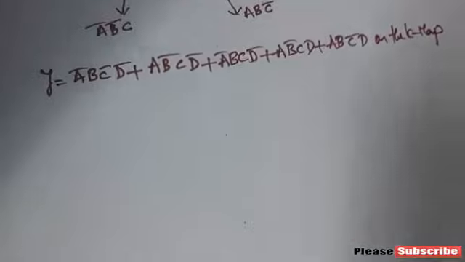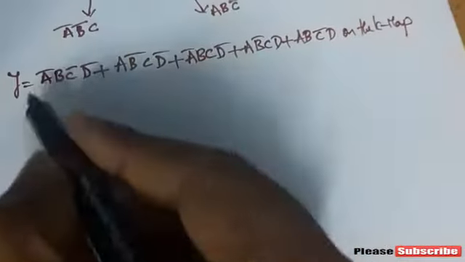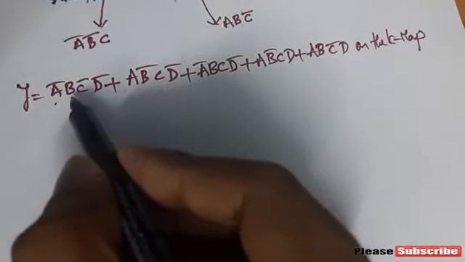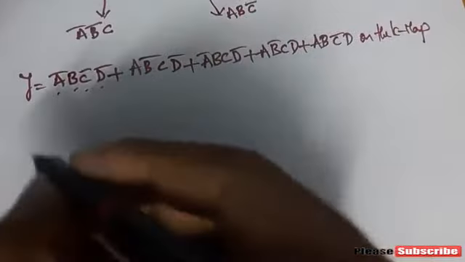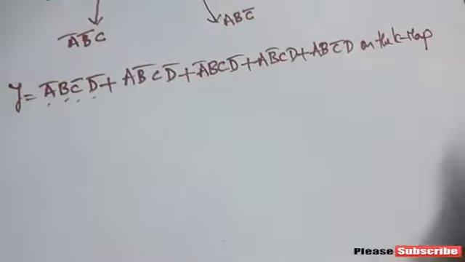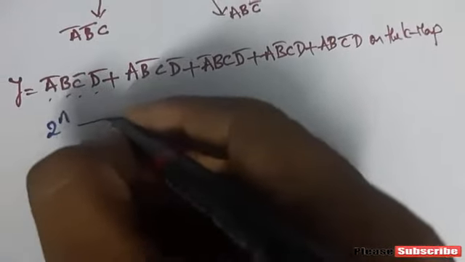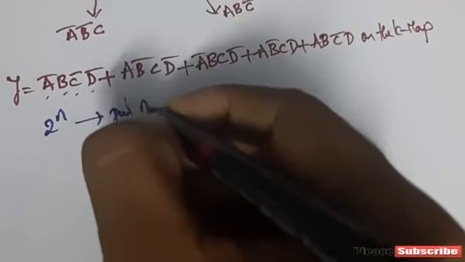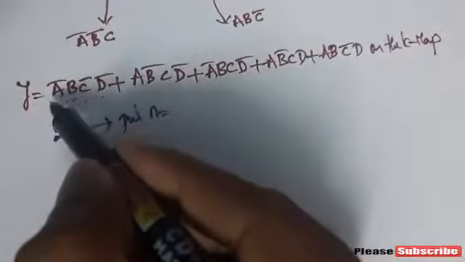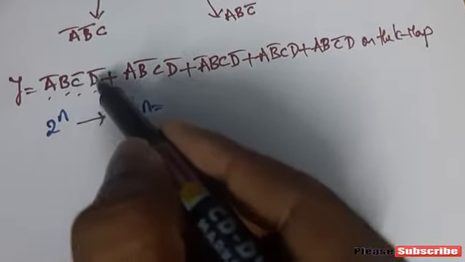Here you can observe 4 variables will be there, 1 2 3 4. We know the formula 2 power n, where n is the number of variables.